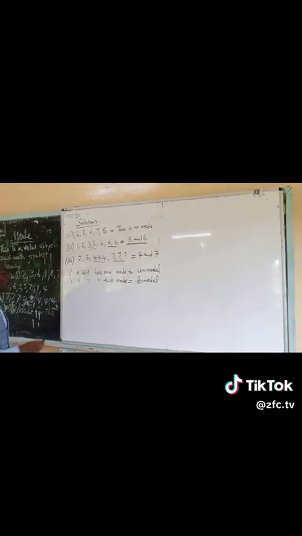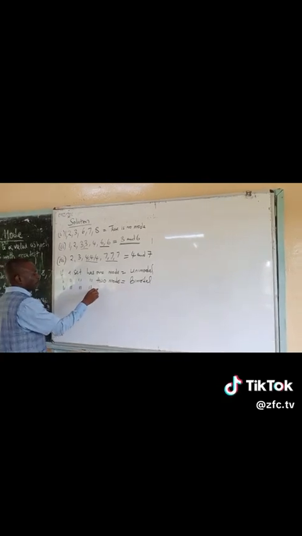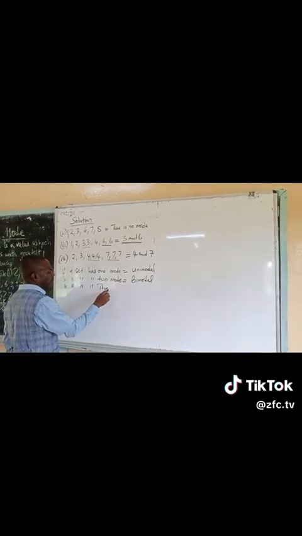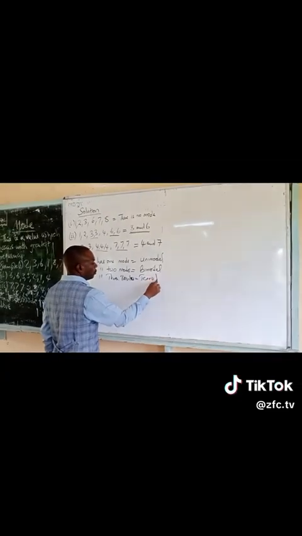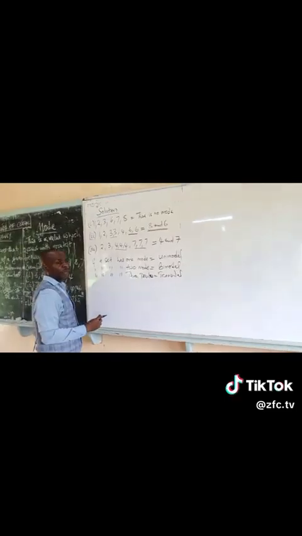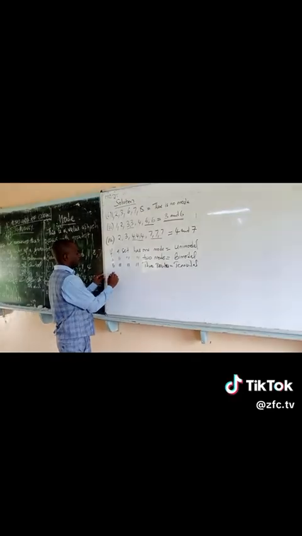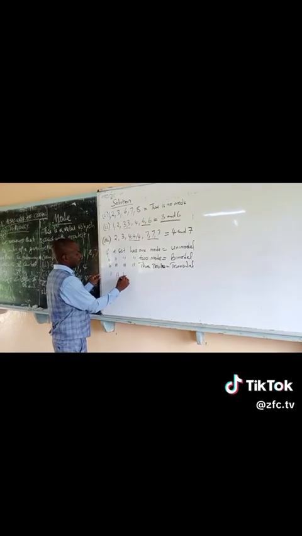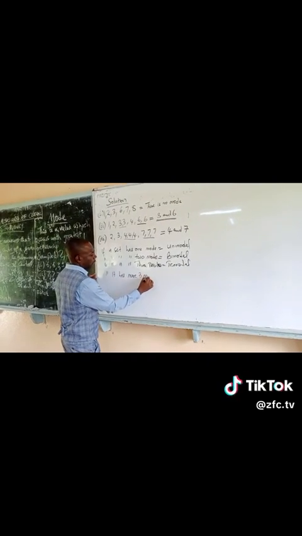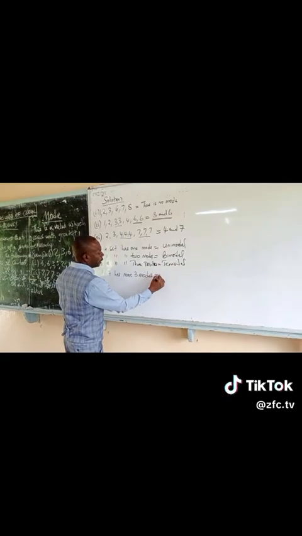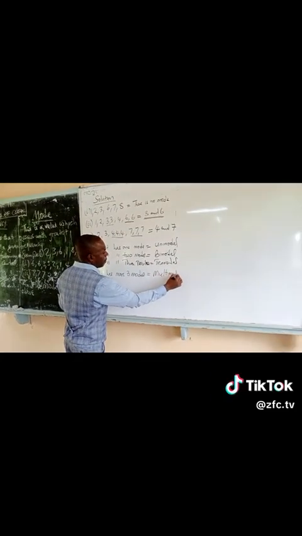If it has 3 modes, it's trimodal. But if a set has more than 3 modes, it will be called multimodal.